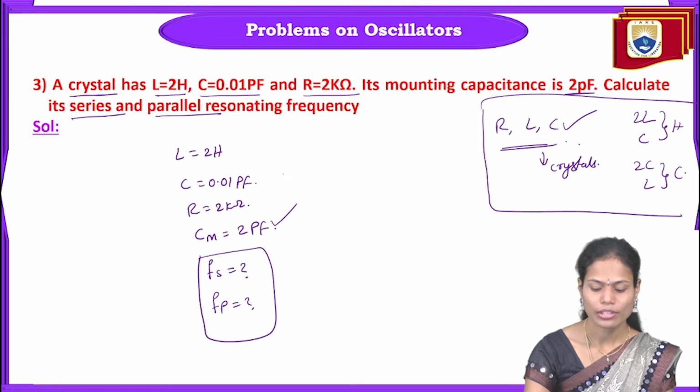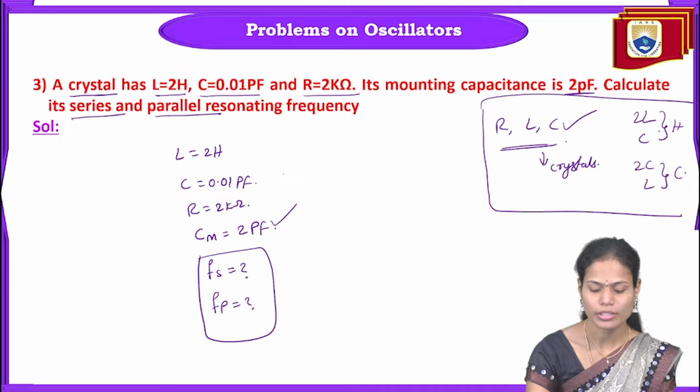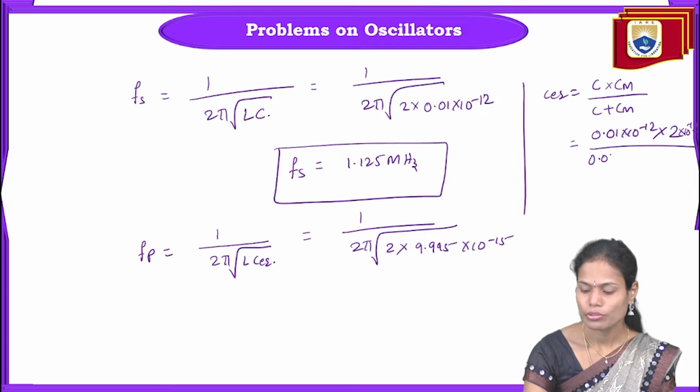The capacitance value is 0.01 picofarads and the mounting capacitance value is 2 picofarads, 2 into 10 power minus 12. So 0.01 into 10 power minus 12 plus 2 into 10 power minus 12.